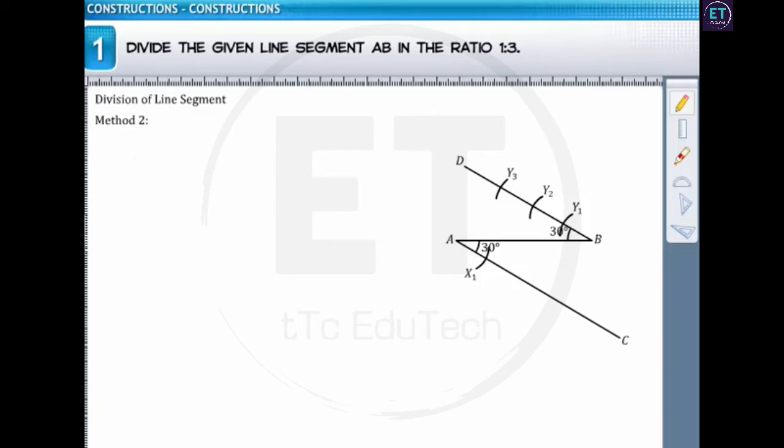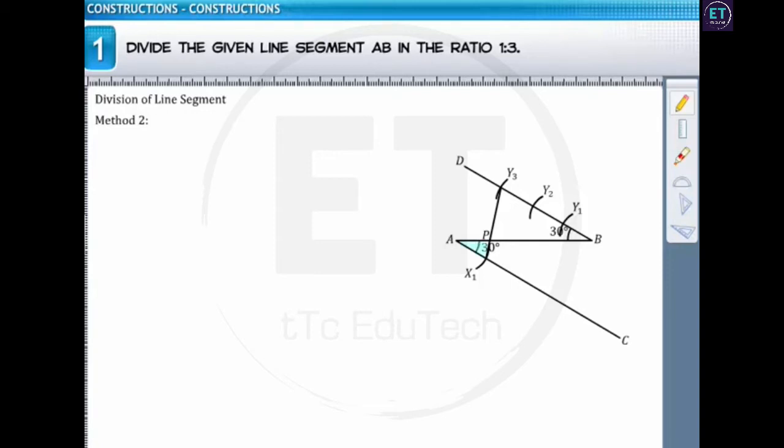As step 4, draw a line to join the points x1 and y3 to intersect AB at point P. Point P divides the line segment AB in the ratio 1:3. Now, let us verify this construction mathematically.